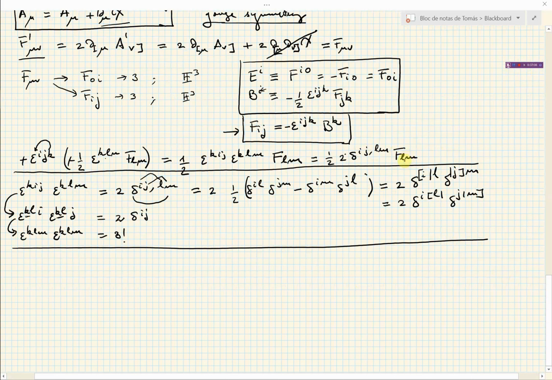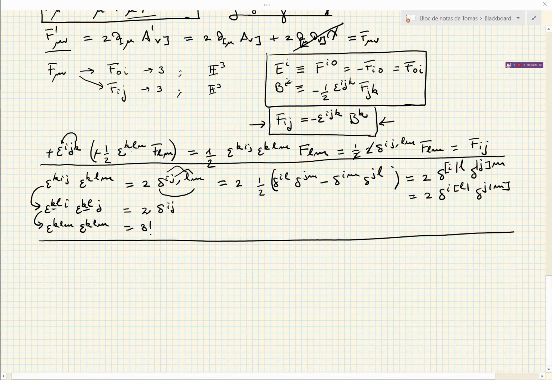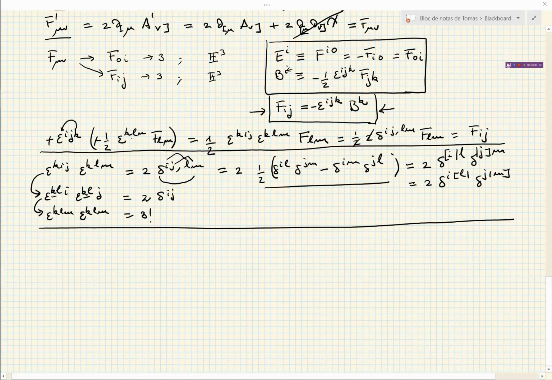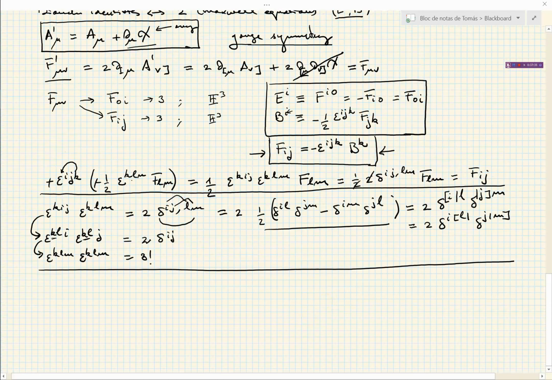So the antisymmetric pair lm will be replaced by ij, and this cancels, so this is just F_ij, which is what we wanted to prove. If you are not convinced by this calculation, use this definition and you will see that you get exactly the same. My advice is that you don't trust me and try to do it yourself. Check that I am right, or prove me wrong, and please tell me if I am wrong so I can fix this video.